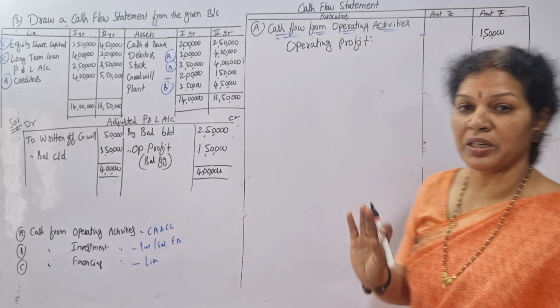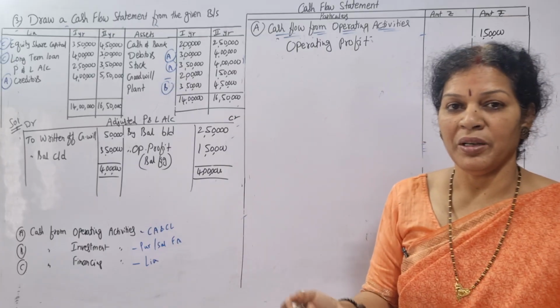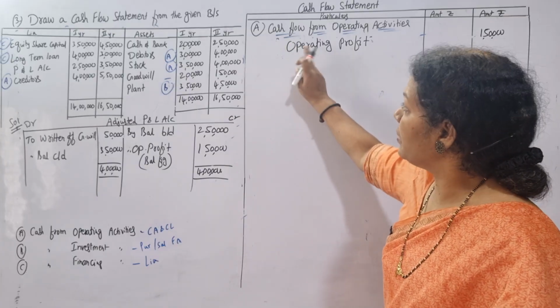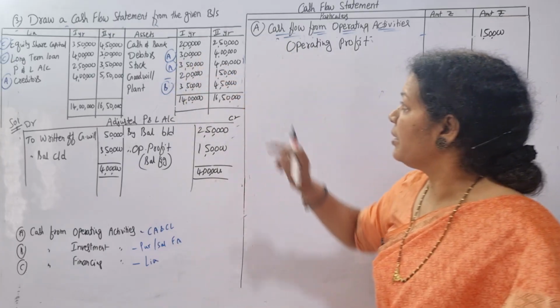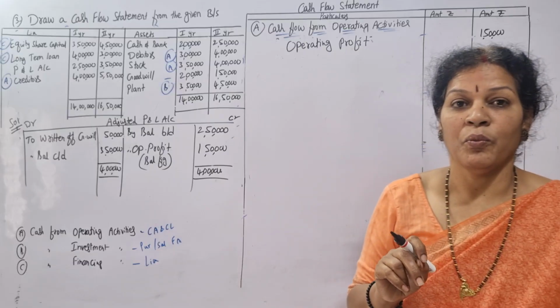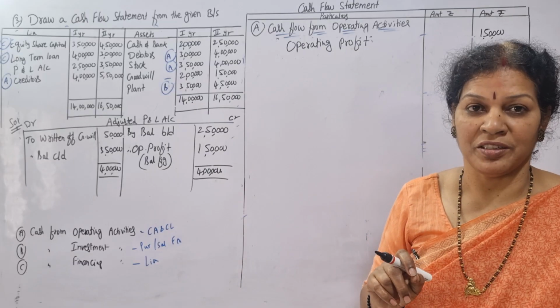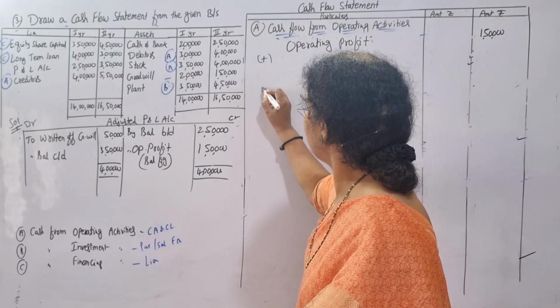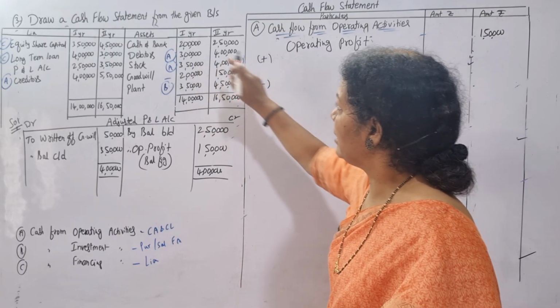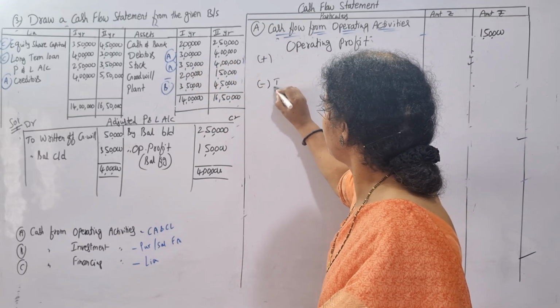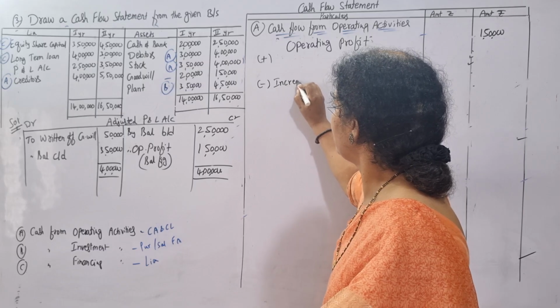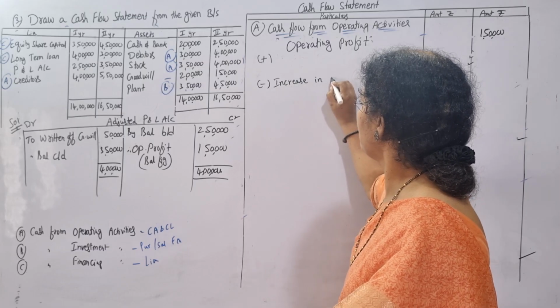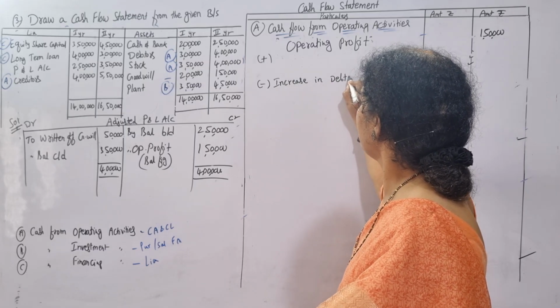Now as per this, whatever items we have, we'll be adding and deducting. Here, debtors are increasing. Whenever any asset is increasing, we'll deduct it here. Increase in debtors.